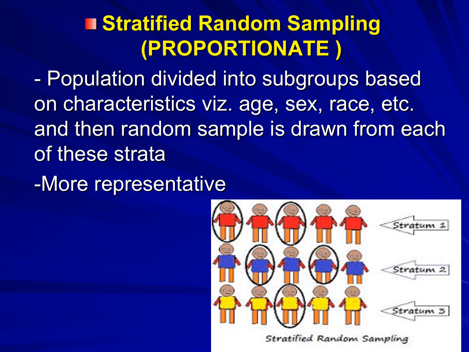In stratified random sampling, the population is divided into subgroups or strata based on characteristics like age, gender, race, etc., and then a random sample is drawn from each of these strata. This technique is more representative of the population as compared to simple random sampling or systematic random sampling, especially in a population having heterogeneous groups.